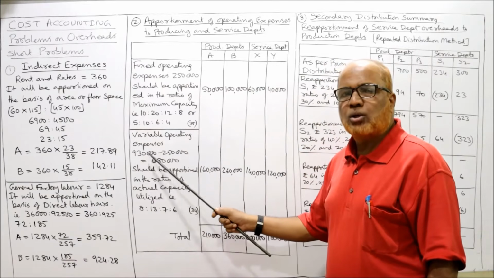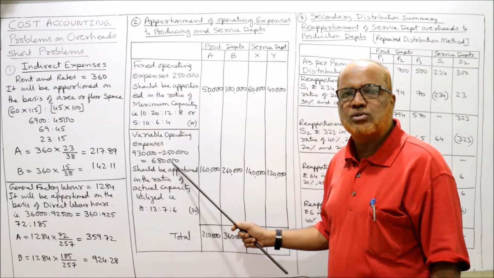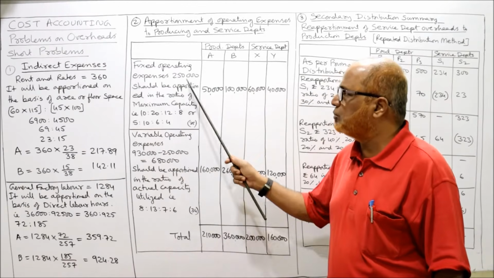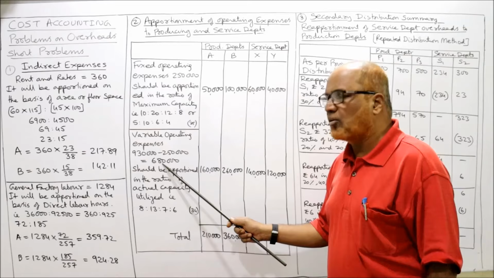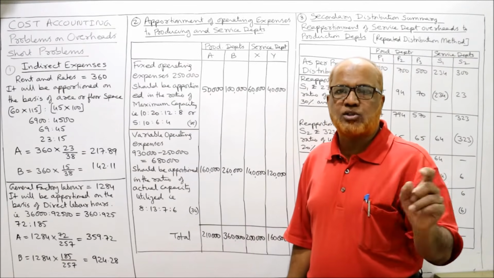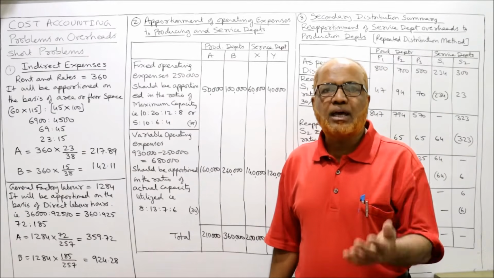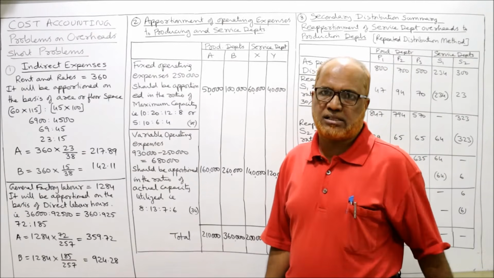Variable operating expenses are total operating expenses 9,30,000, out of which 2,50,000 are fixed, already distributed. So after subtracting, how much variable is left? 6,80,000 is the variable operating expenses. This will be apportioned on the basis of capacity actually utilized.